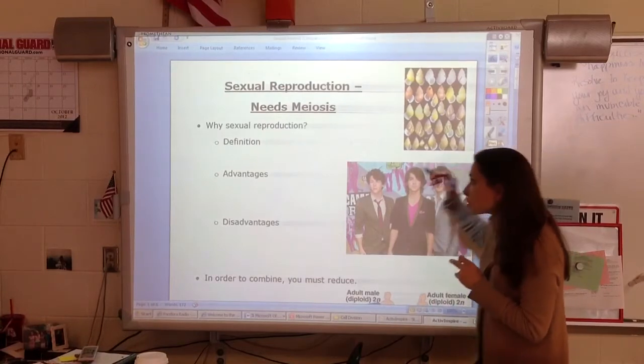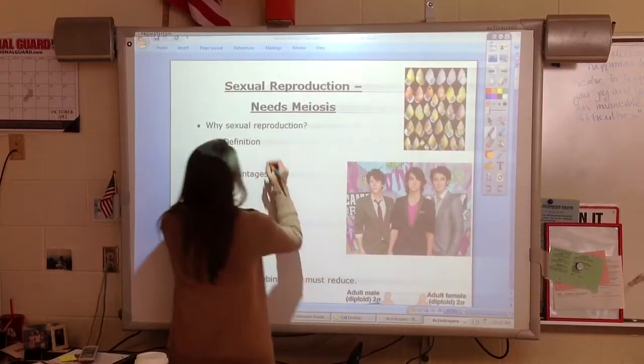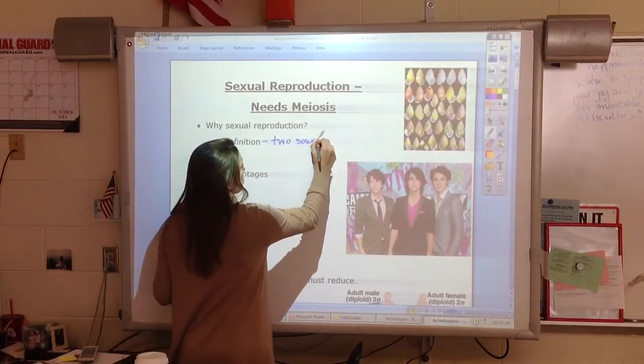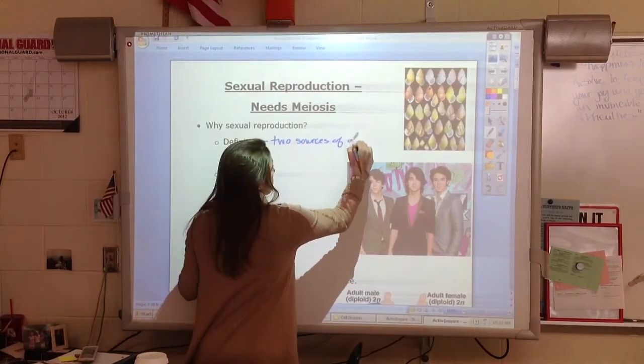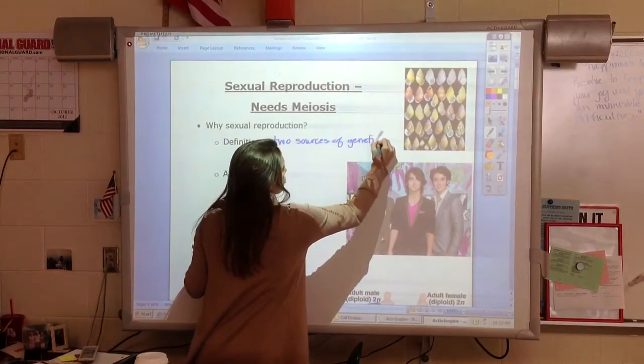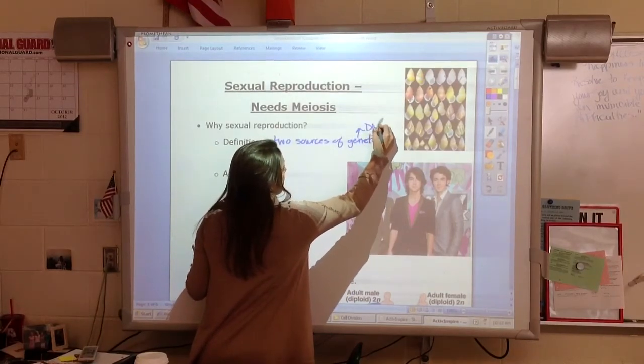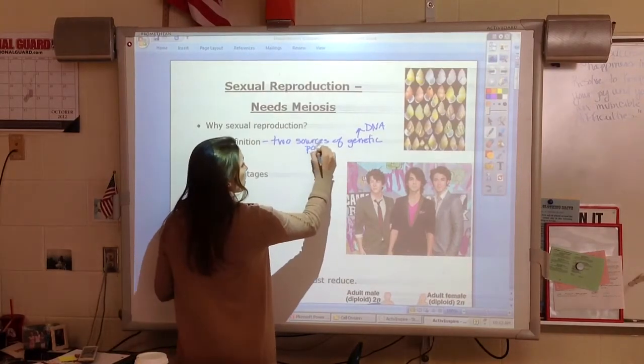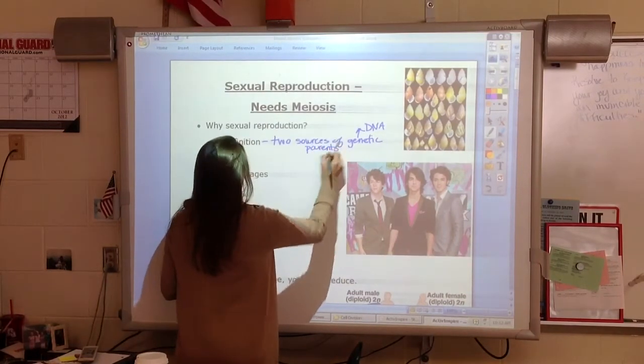So a definition of sexual reproduction includes that there are two sources of genetic material. Of course, when we talk about genetic material, we're really talking about two sources of DNA. And a lot of times we'll call these two parents.